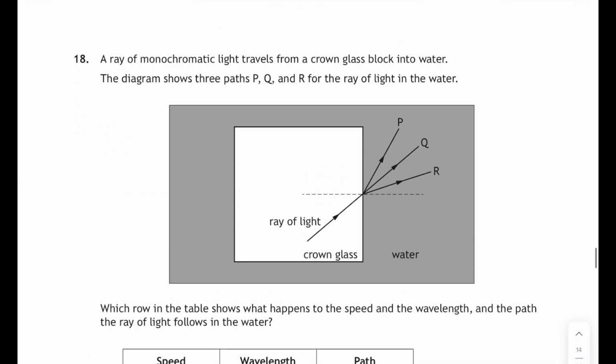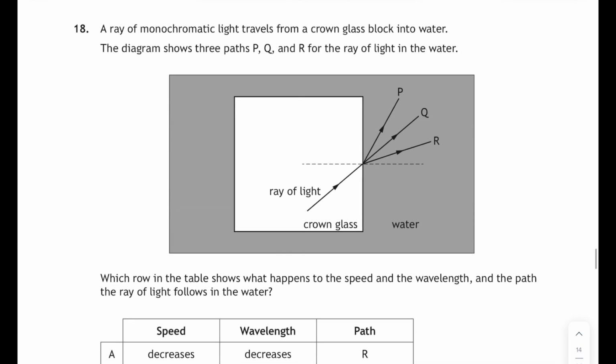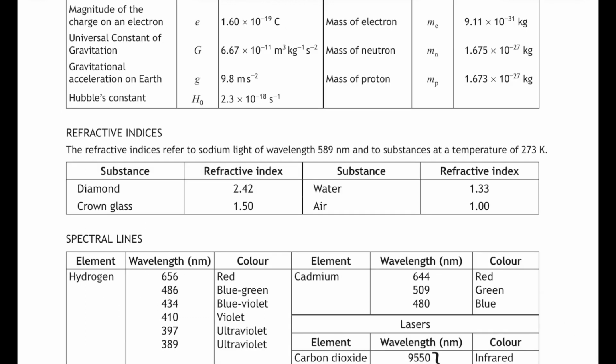Question 18. A ray of monochromatic light travels from a crown glass block into water, and the diagram shows 3 paths, P, Q and R, for the ray of light in the water. Which row in the table shows what happens to the speed and the wavelength and the path the ray of light follows in the water? Well, if we go to the data sheet, we can look up the refractive index of crown glass and water, and they're 1.50 and 1.33 respectively.